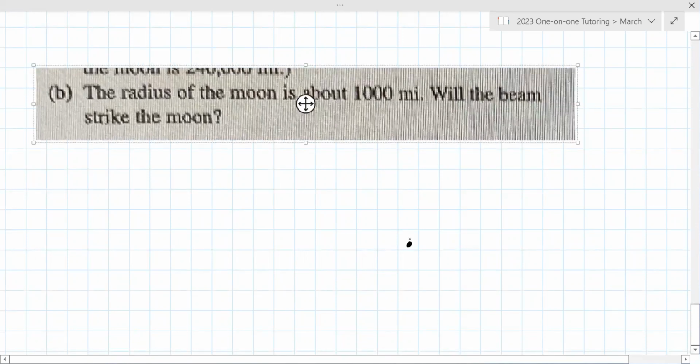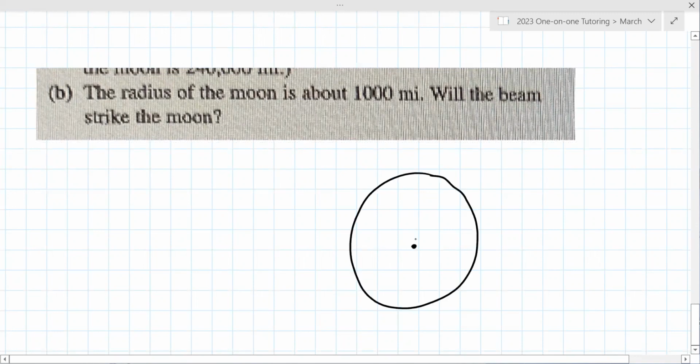Here's the moon, roughly a circle with a radius of 1,000, but you missed it by 2,094. So did it strike the moon?